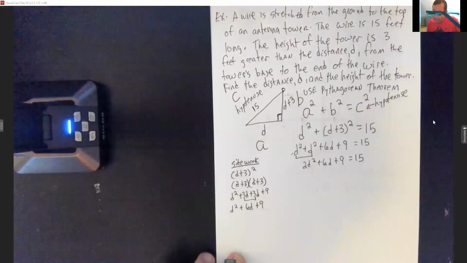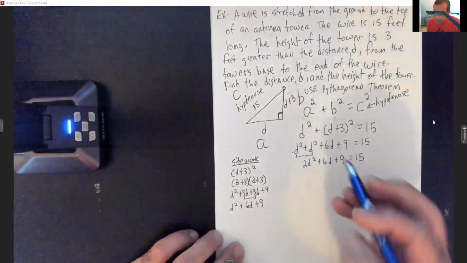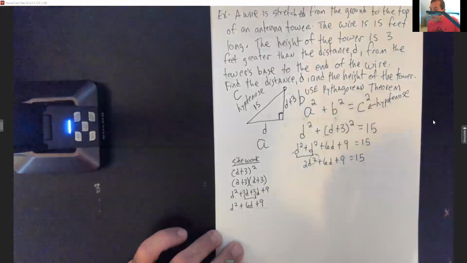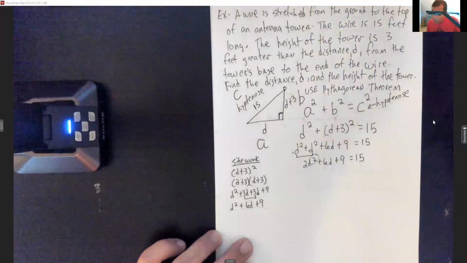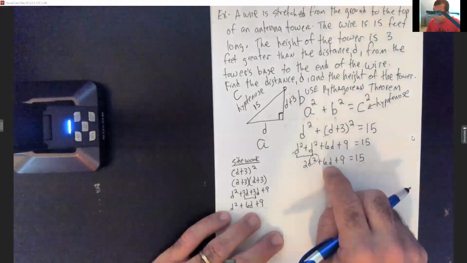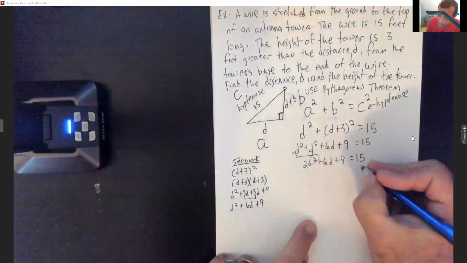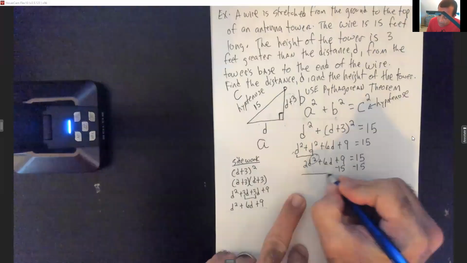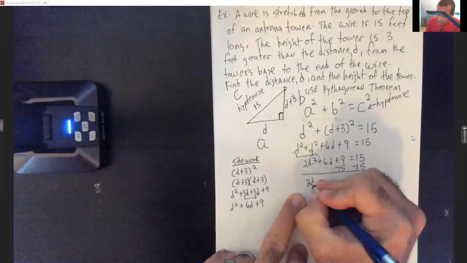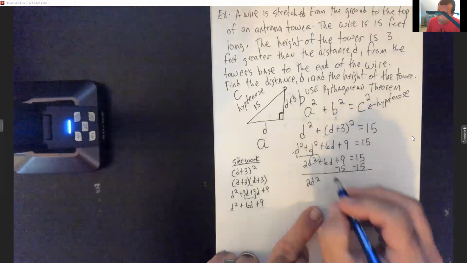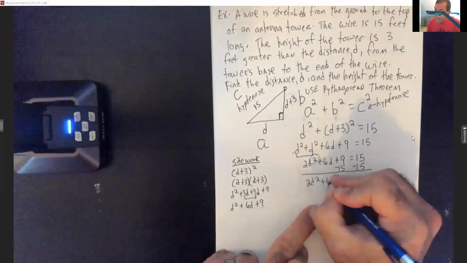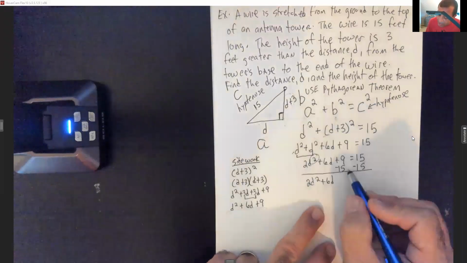Now, we just learned yesterday that when we got these exponents of 2 in here, these are quadratic. So since it's quadratic, we need everything on one side equal to 0. So we're going to subtract 15 from both sides so that I get a 2d squared plus my 6d. 9 and negative 15 give you a negative 6.